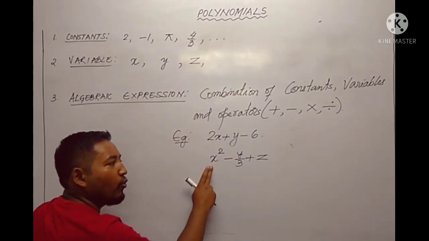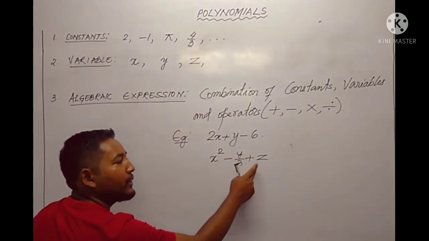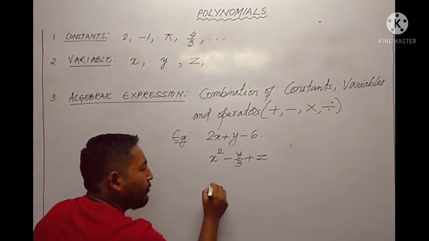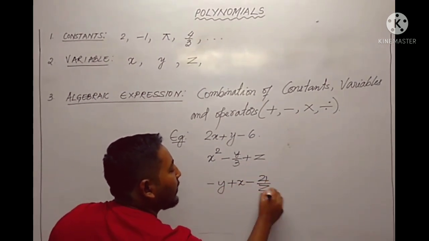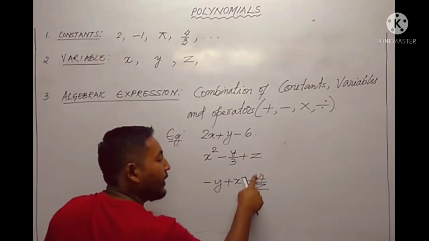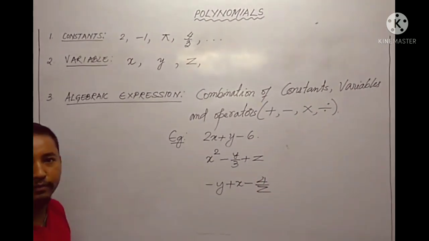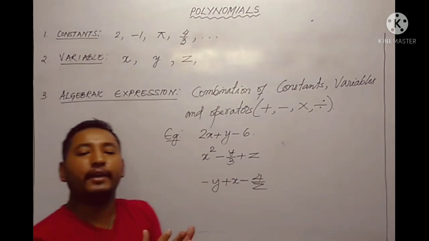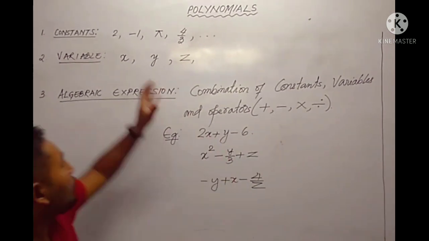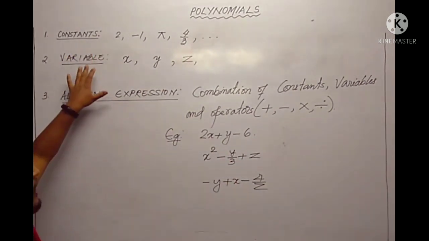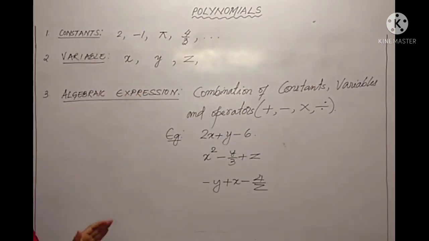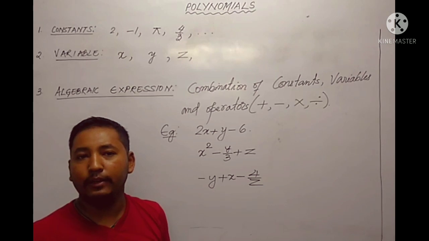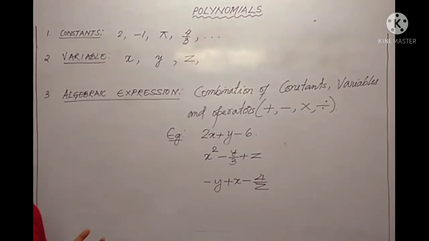One more, x square minus y by 3 plus z. You can give one more: minus y plus x minus 4 by z. This is also an algebraic expression. So you can frame your own algebraic expression using a constant, a variable and the operators. These are the basic terms we need to learn before we understand what a polynomial is.